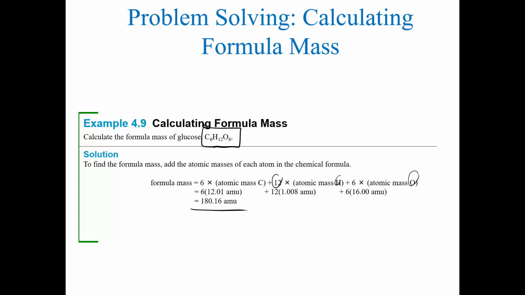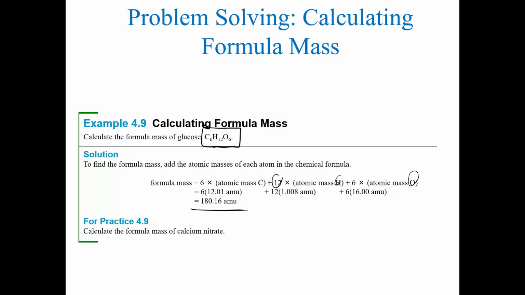You add it all up, you get 180.16 AMU. You turn that into grams per mole if you want, to get the molecular weight. So this is just a formula mass, and you report that as AMU. Or a molar mass would be 180.16 grams per mole.